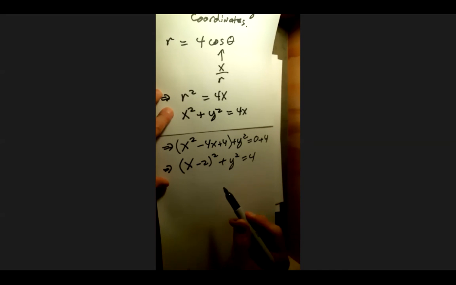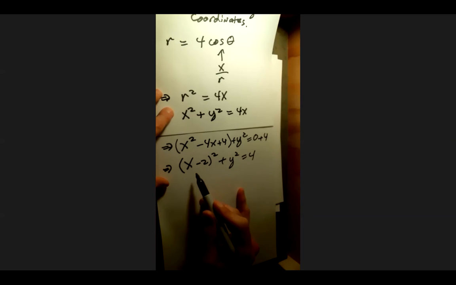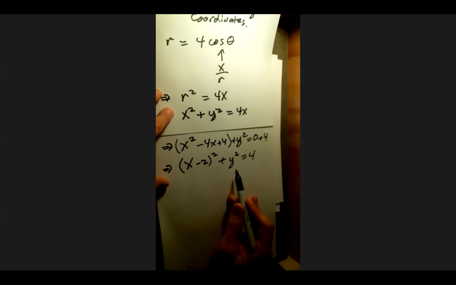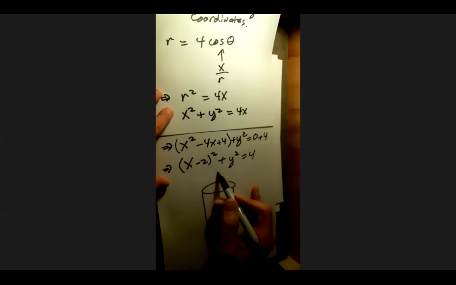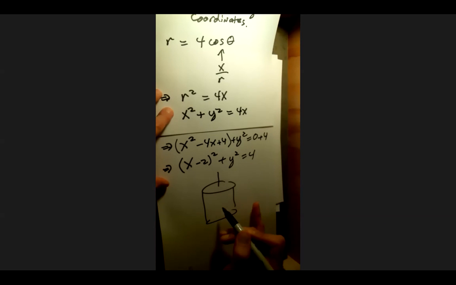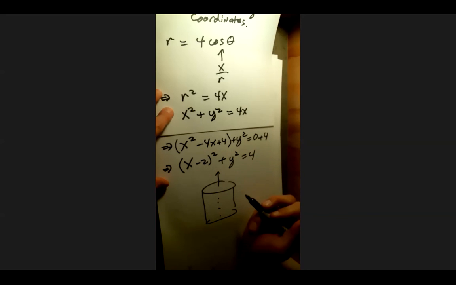At first glance, you might look at this and say, wow, that looks like a circle, right? A circle centered at (2, 0). But we are so much smarter than that, because we remember we're in 3D. And so we recognize that what we've actually got is a cylinder, and the center of that cylinder is parallel to the z-axis.